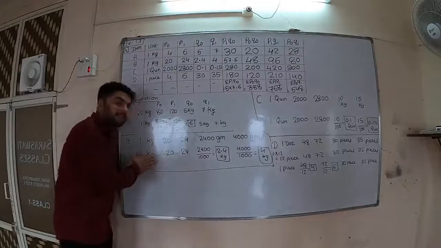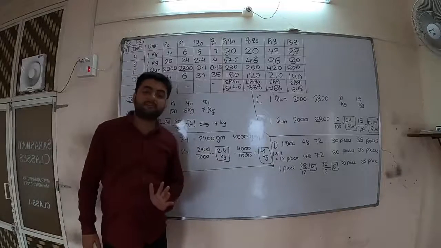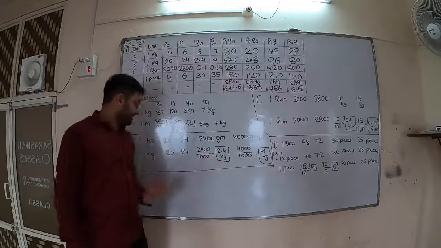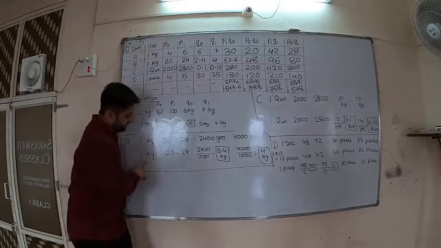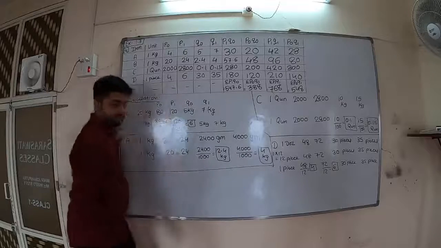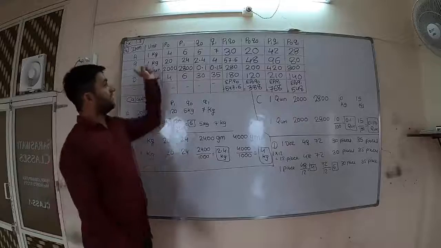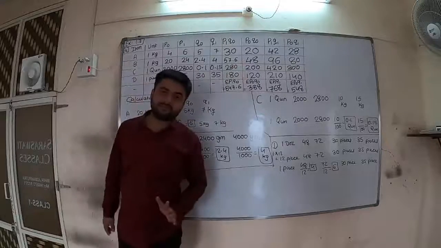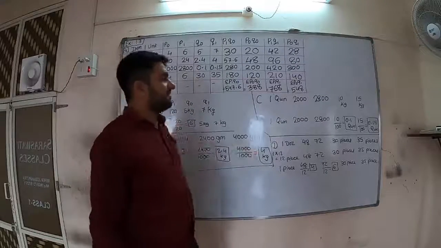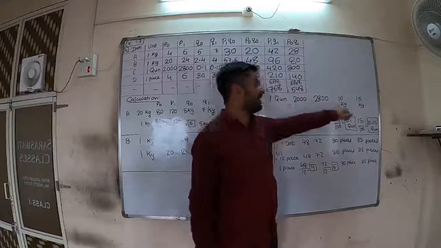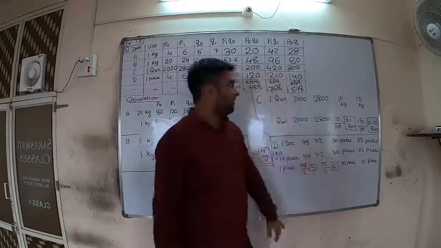So let it be 1 kg, change the quantity. So we have changed the quantity. Then after changing the quantity, kg, kg, kg, and the unit is given as 1, so we have written here and done the calculation. Next for item C, 1 quintal, 2000, 2800, 10 kg, 15 kg.